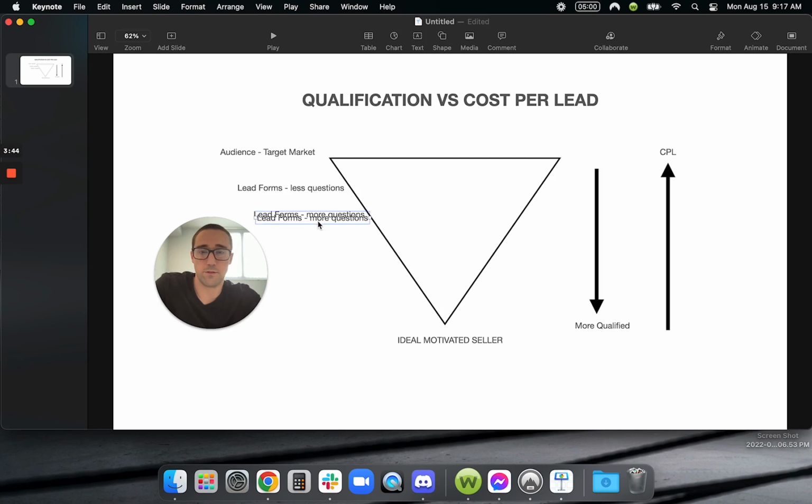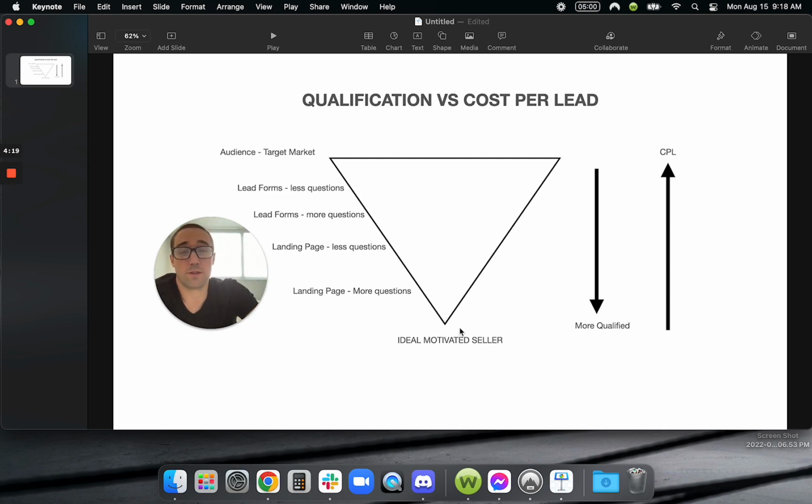And then to qualify further, we're actually taking them off the Facebook platform and sending them to a landing page. Again, we start with fewer questions, and then we go to possibly more questions. So this is the progression here. Over time we're trying to ask more and more questions of the leads to get closer to this ideal motivated seller that we want coming through that funnel.